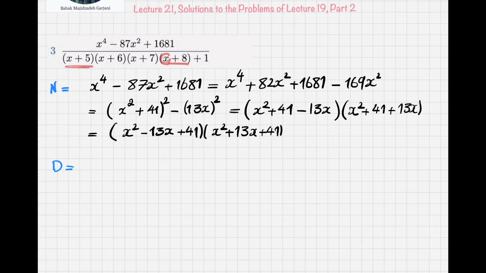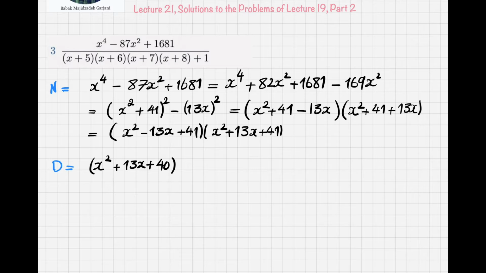So the common term should be squared, so this becomes x squared. Then I need to add these two terms, which becomes 13, and multiply it by the common term, so it becomes positive 13x. And then finally I have to multiply these two numbers, which becomes 40. What I have written here is the product between these two.